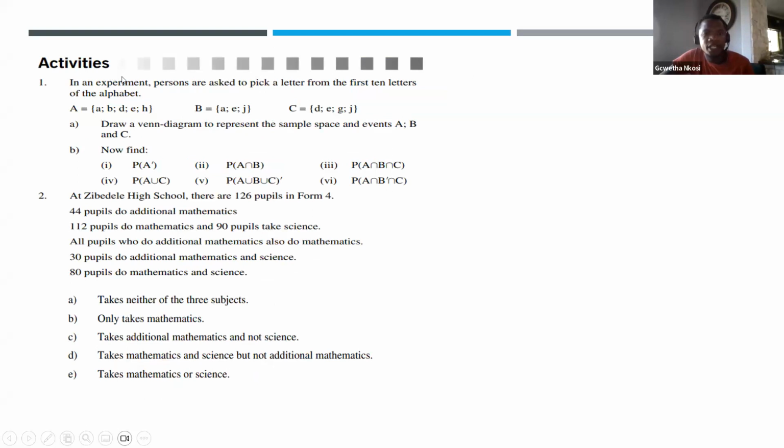These are the activities that you should look at afterwards, based on event diagrams. You have to revert back to the event diagrams and the examples that we have looked at.